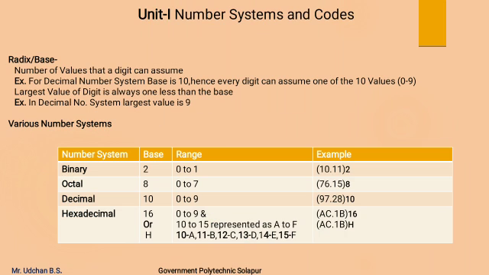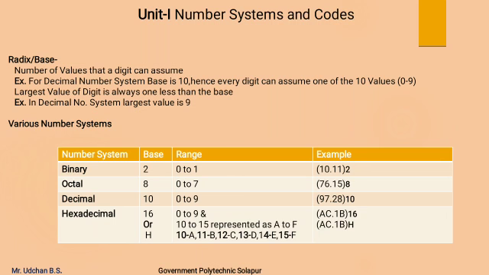Now we will see what is a radix or a base. The number of values that a digit can assume is nothing but a radix or a base of that particular number system. For example, if we take a decimal number system, which has a base of 10, every digit in the decimal number system can assume any one of the 10 values.